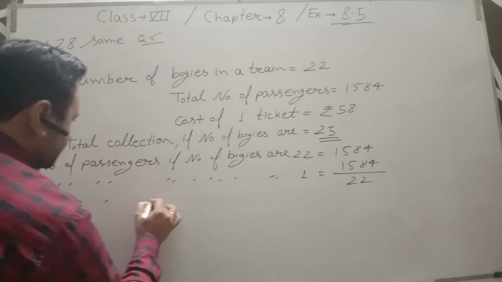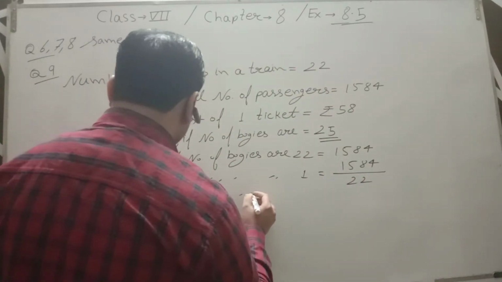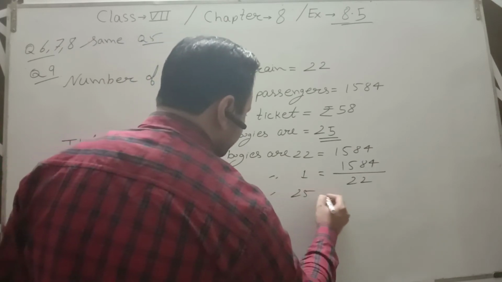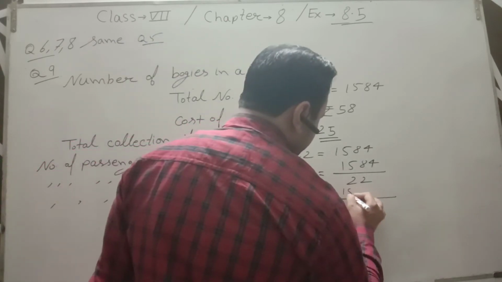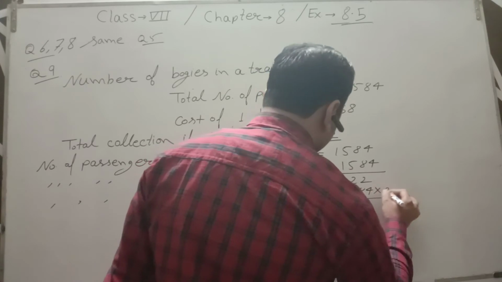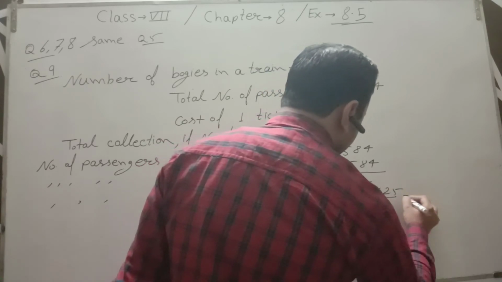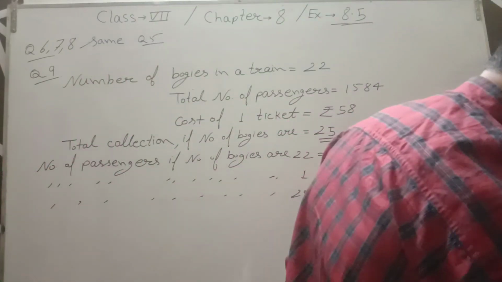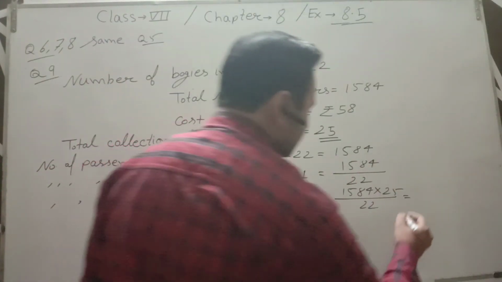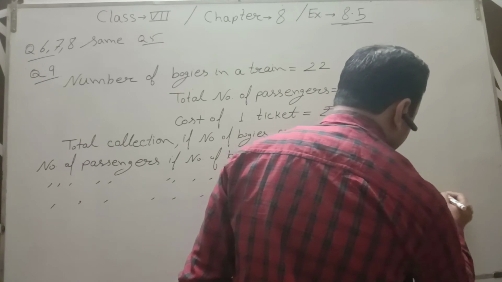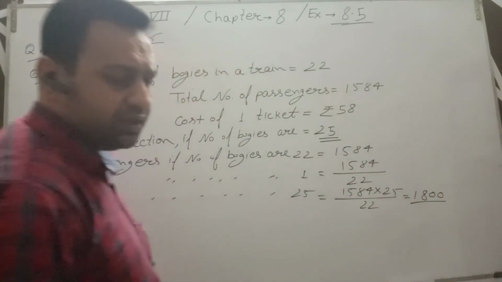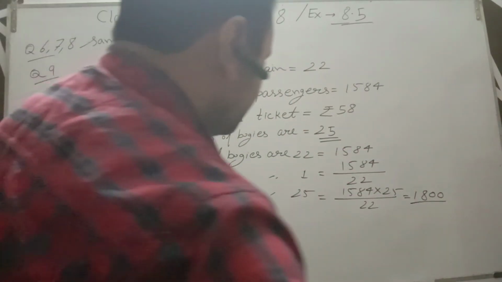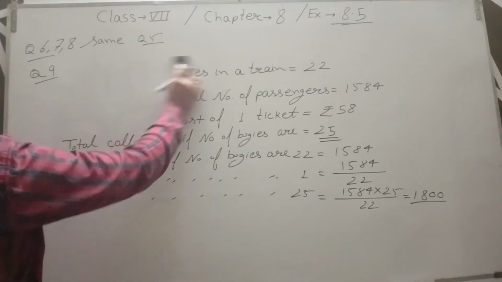And number of passengers if the number of bogies is 25, then 1584 multiplied by 25 upon 22, and after calculation the value we obtained is 1800. So the number of passengers is 1800, and now we have to find the total collection.